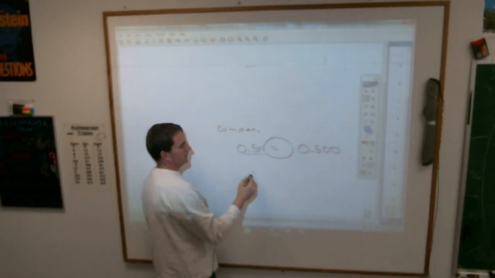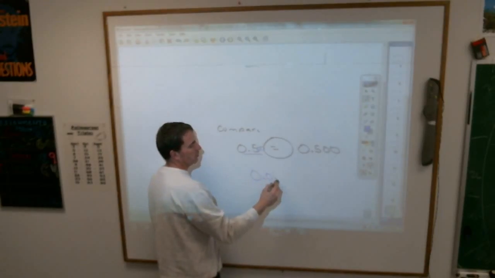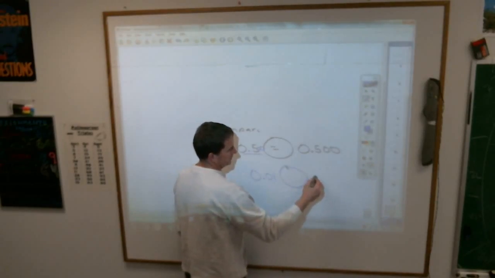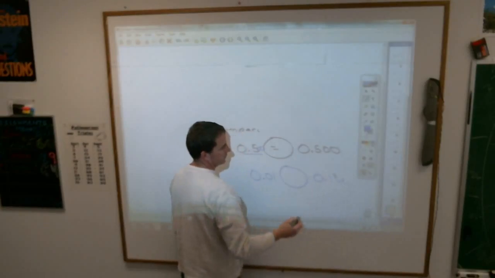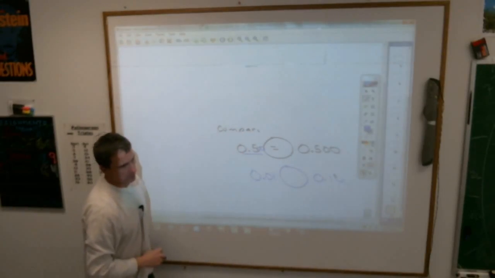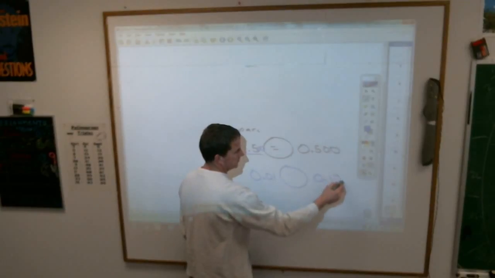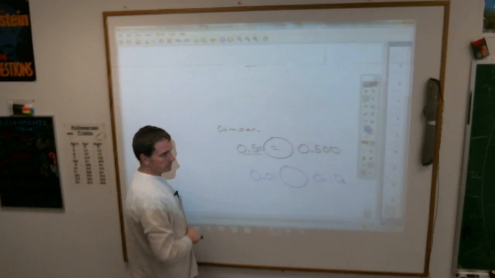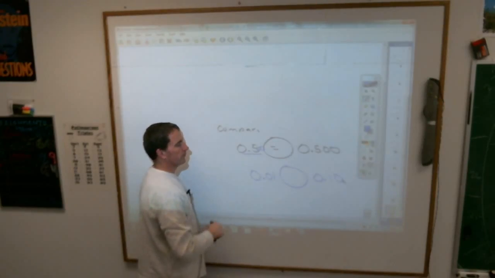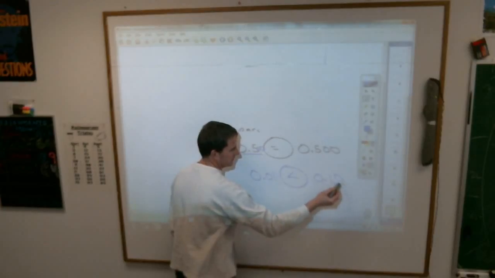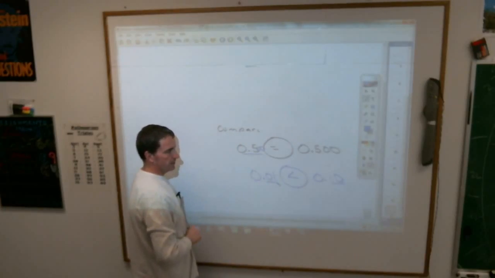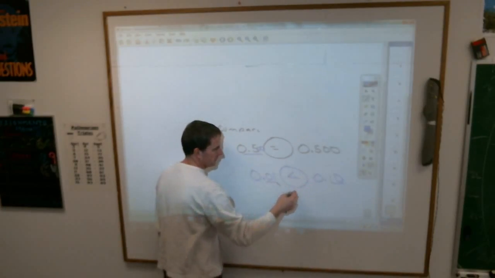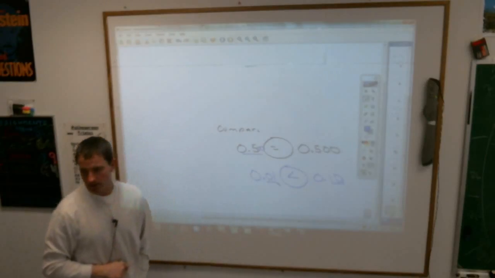But be careful, if they give you 0.01 compared to 0.10, which one's bigger there? 0.10. Right. Because this is like having 10 cents, and that's like having 1 cent. It matters what place they're in, but you can always add zeros at the end of it.